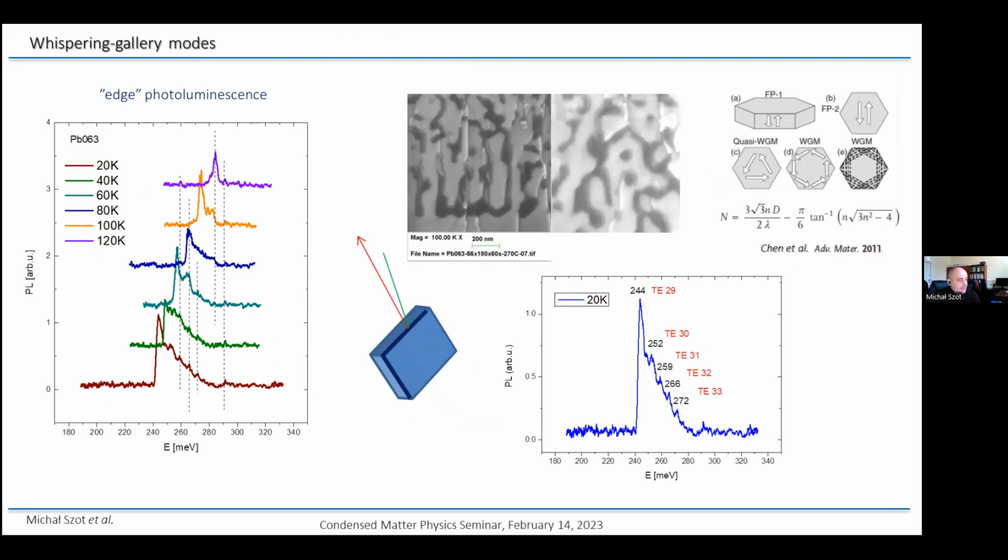In such a measurement, we observe a rather wide emission this time, with clearly visible internal structure. This internal structure can be described by whispering gallery modes of a hexagonal resonator, which are present in our sample. It is clearly seen in this picture.